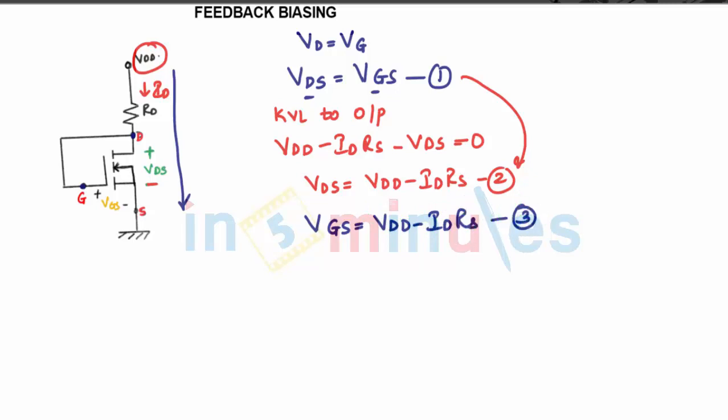In this equation, if I substitute ID equal to 0 in equation 3, VGS will be equal to VDD.